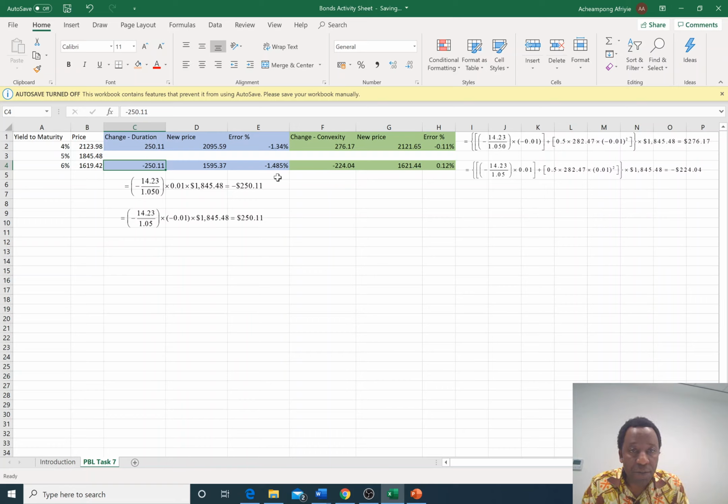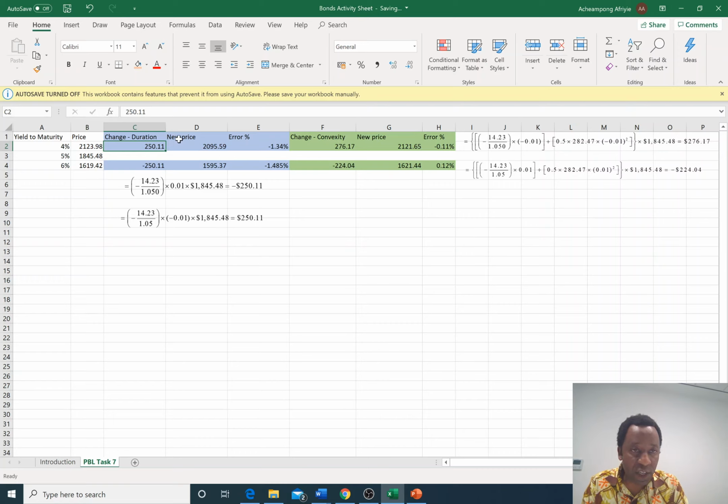Okay, so because the question has given us those figures, what we need to do now is work out what the new price will be if we predict that value using either the duration or the convexity, right? So that's why I've used two different colors here.